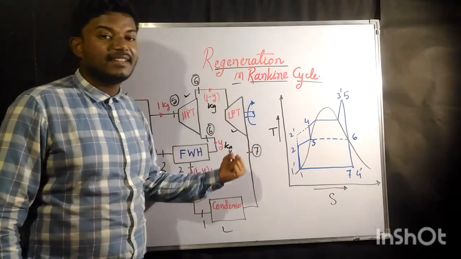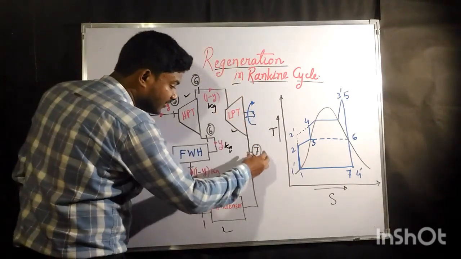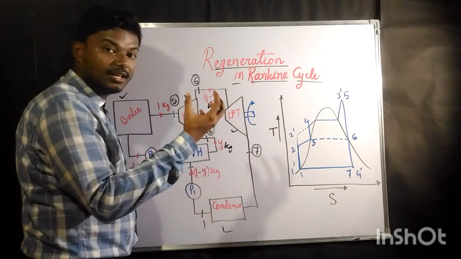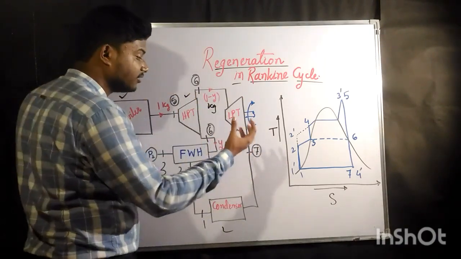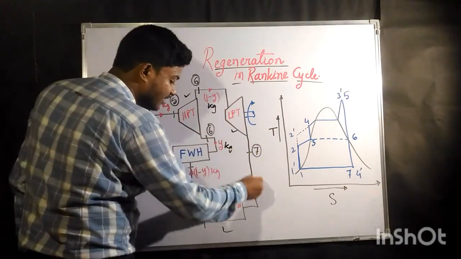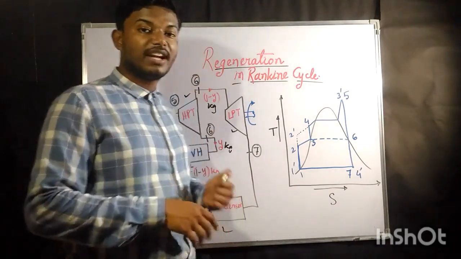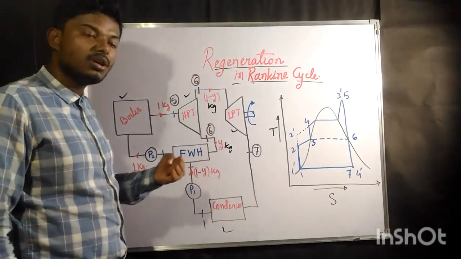And again it is expanded. After that, the substance that has come out of the low pressure turbine after the expansion is passed through a condenser. What is the work of a condenser? It condenses the steam to liquid.